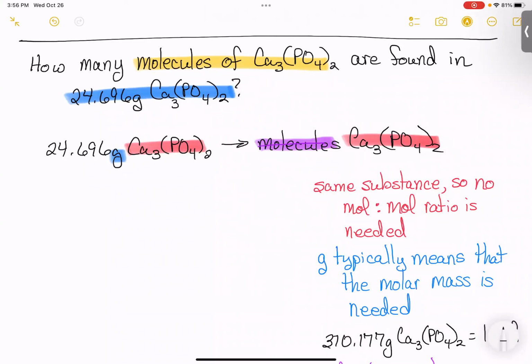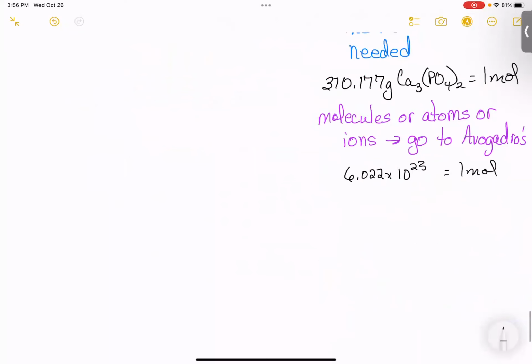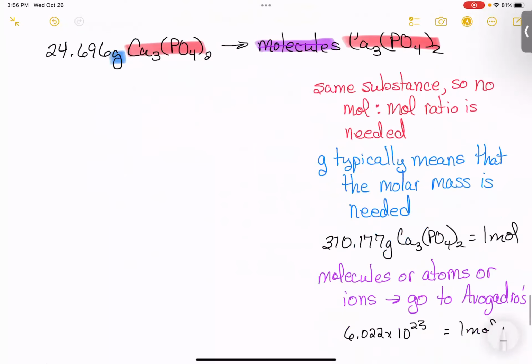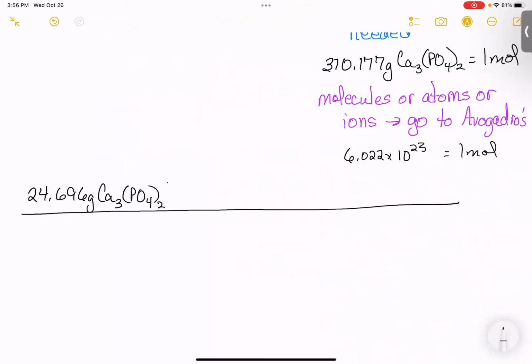So now to do this math, I started out with 24.696 grams of calcium phosphate. My first conversion factor, just like before, I need something that's going to have the same unit to cancel out.